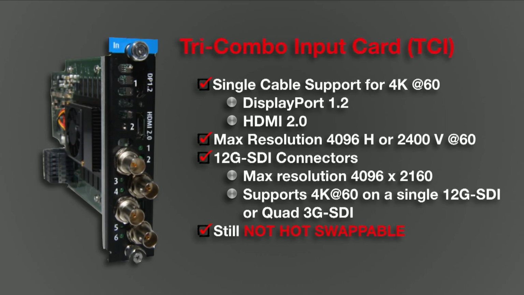Also new to both the tri-combo input and output are the 12G SDI connectors, which now give you 4K over a single SDI cable. This supports the legacy quad 3G SDI as well, so if you want to do 4 cables for 4K. And the big one here is that it also supports the 2SI standard for quad 4K. What's the big advantage to doing 2SI? Besides not having to maintain order, it's reduced latency.